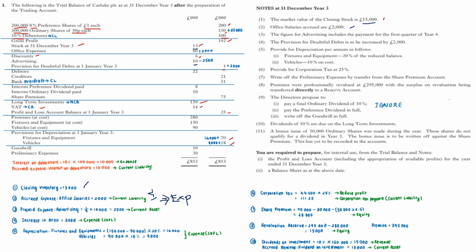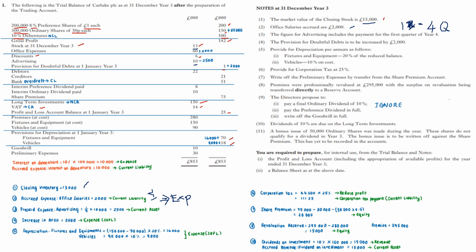If it covers the first quarter of year 4, then it will be 1 over 5. In 1 year there are 4 quarters.